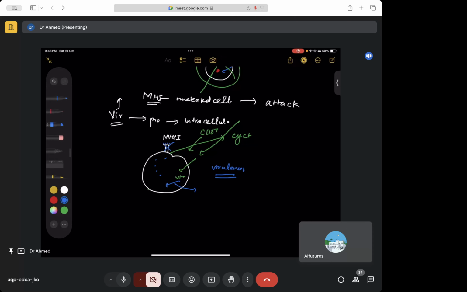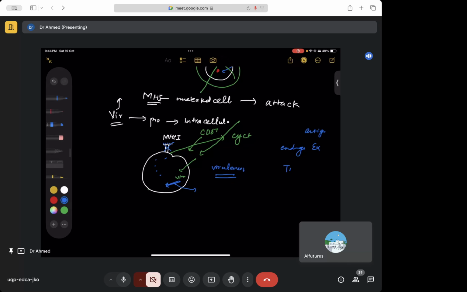So what is the difference between endogenous antigens and exogenous antigens? Endogenous are basically those antigens which love to invade inside your cell.